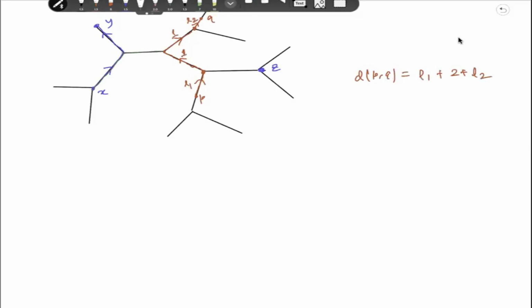So this tree is a unique geodesic space. This is my geodesic joining x and z. And similarly, we have the geodesic joining z and y, something like this pink one.